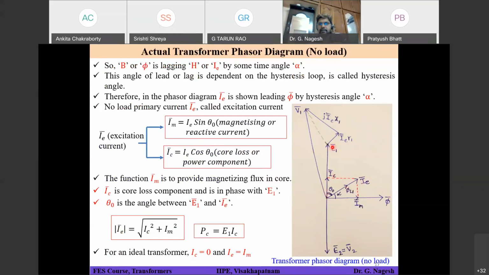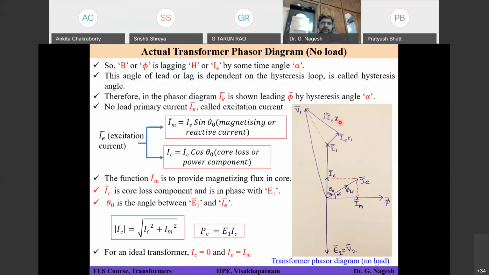Because of the resistance drop in the primary winding, we have seen the IE into R1 term come in. Because of the leakage flux, we have one more term, which is j into excitation current IE into X1.